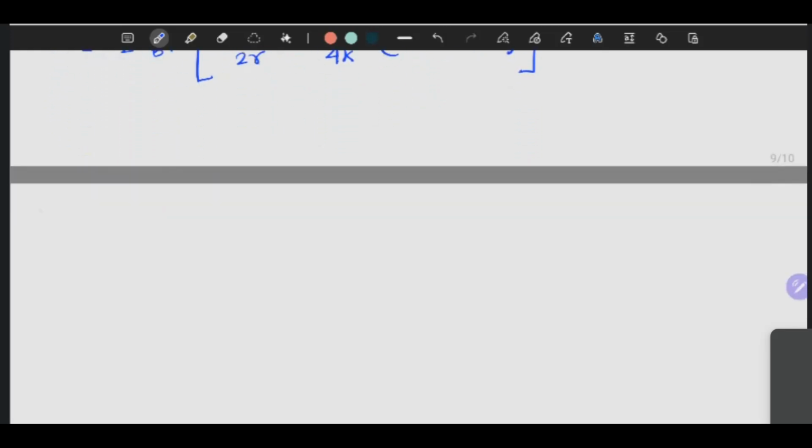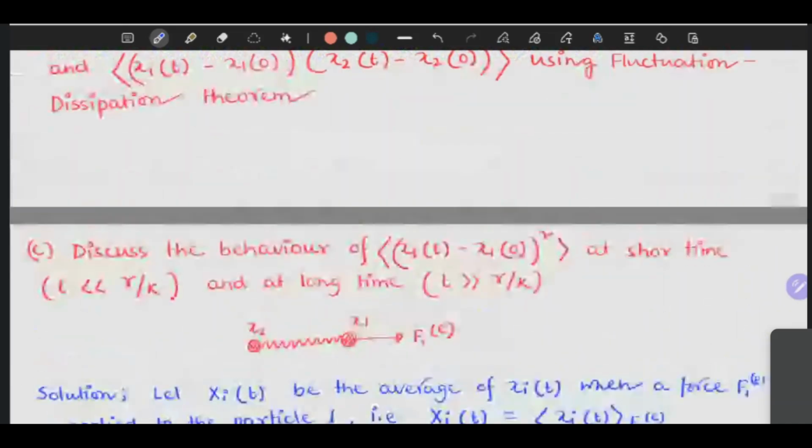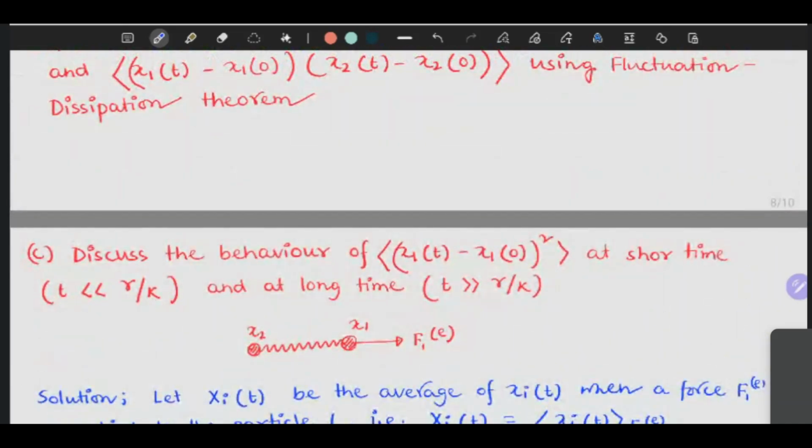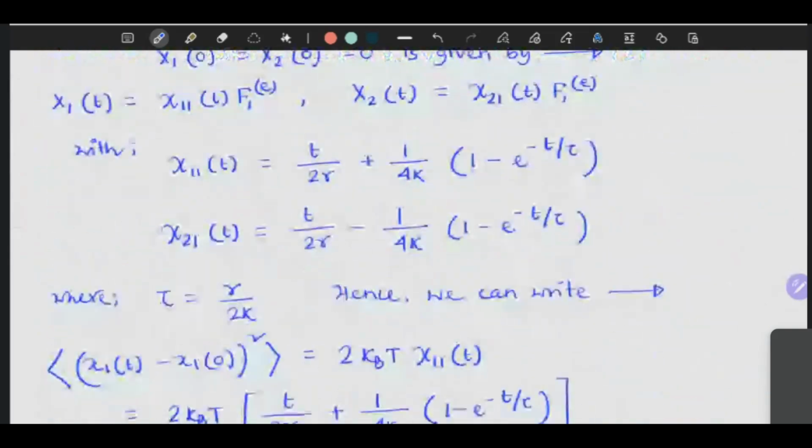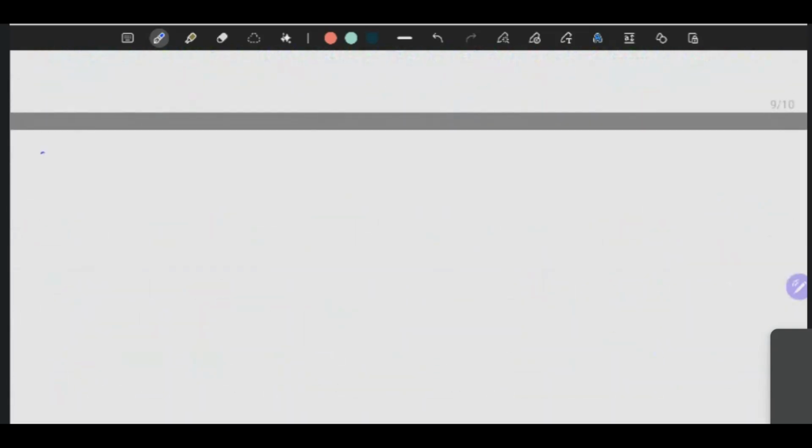Now let's see how it behaves under the regimes.